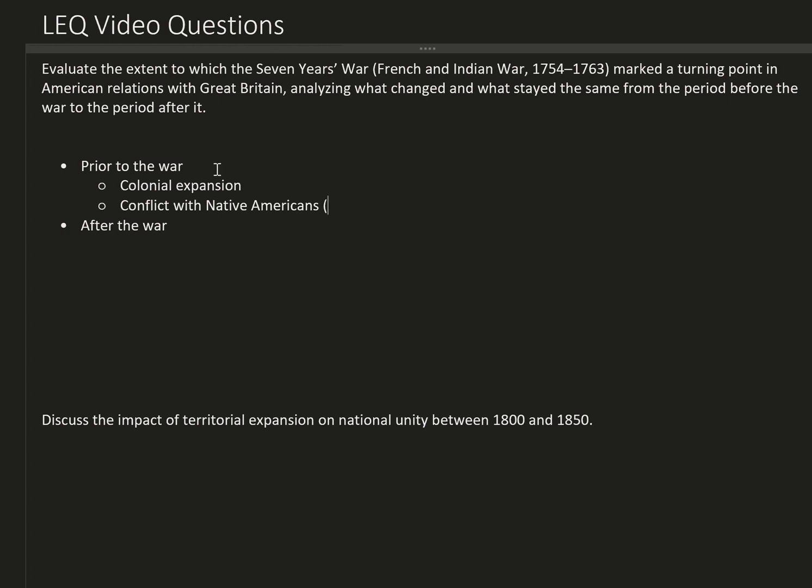You could even look at, I know it's a little before the French and Indian War, but Bacon's Rebellion is an example of where there is a conflict with Native Americans, but then the governor is trying to stop it.